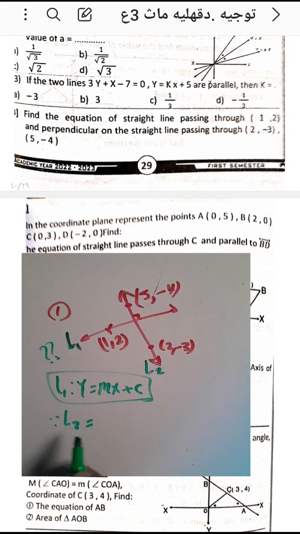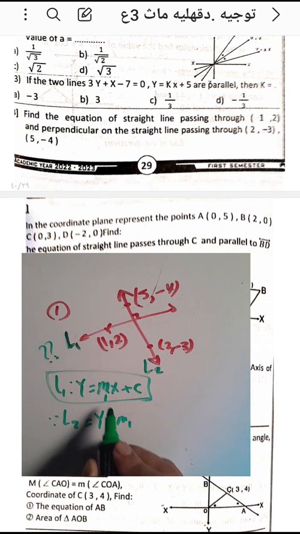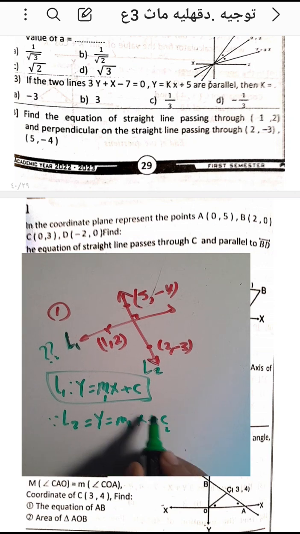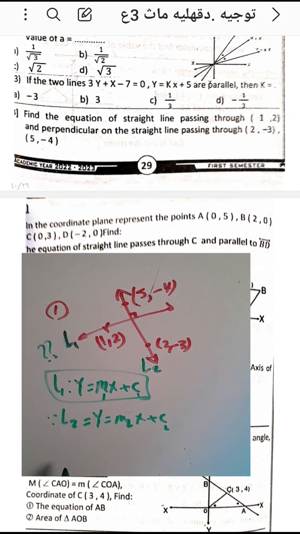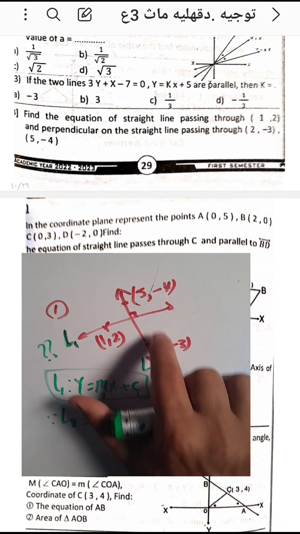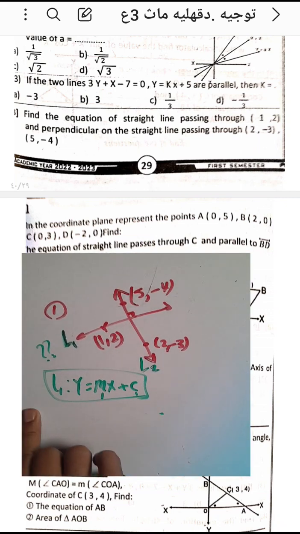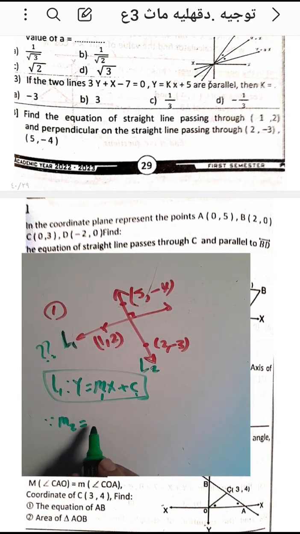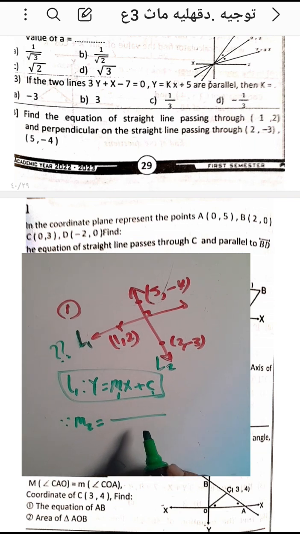Such that L2 equals what? We can find y equals m2 x plus constant. Okay, we can find the slope of L2 as y2 minus y1 over x2 minus x1.